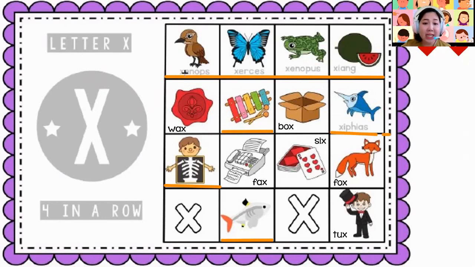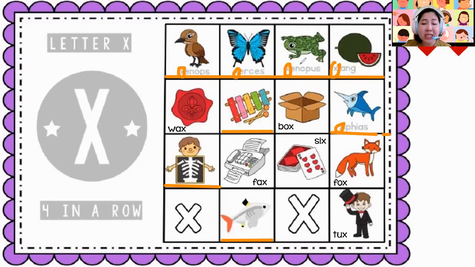So as you can see, the letter X is on the very front. But we have a few words that are a little bit difficult to pronounce. So teacher will show you a video of how you pronounce those words.